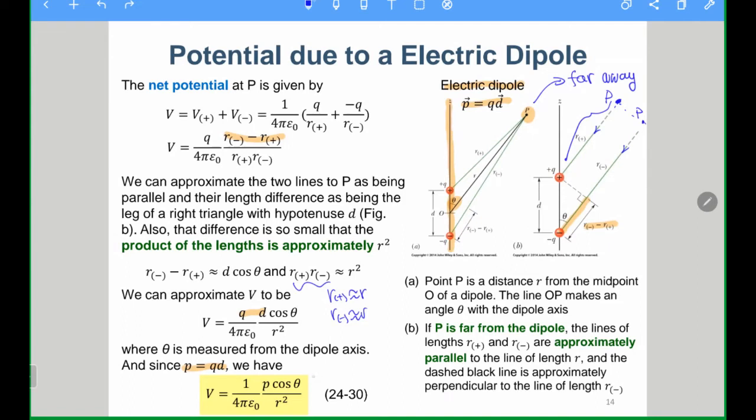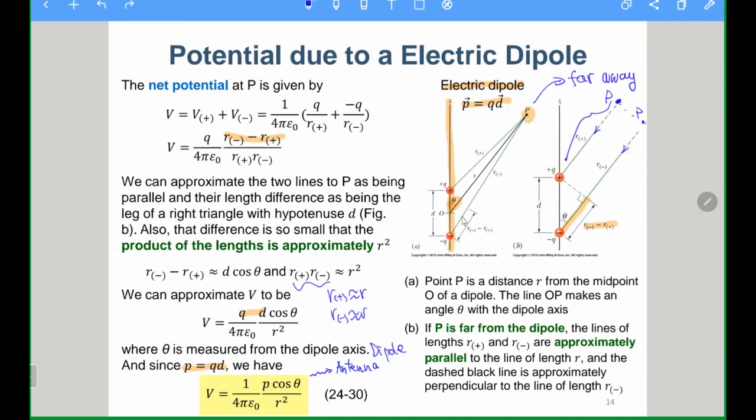This is a so-called dipole antenna. For the dipole antenna, it is related to the angle between the point and this axis.